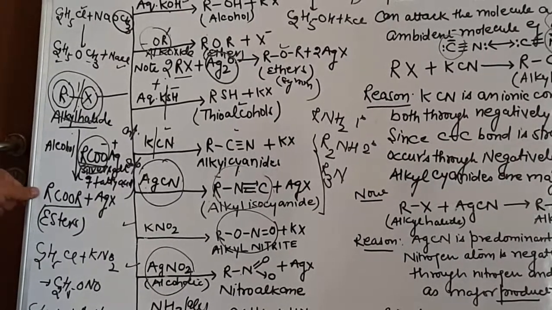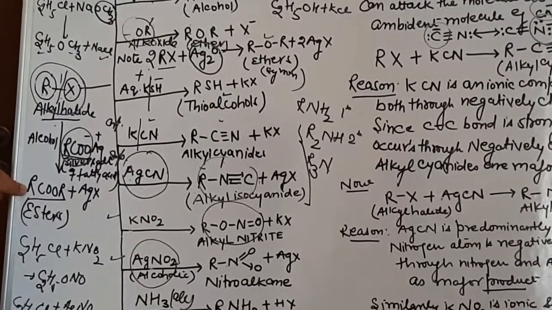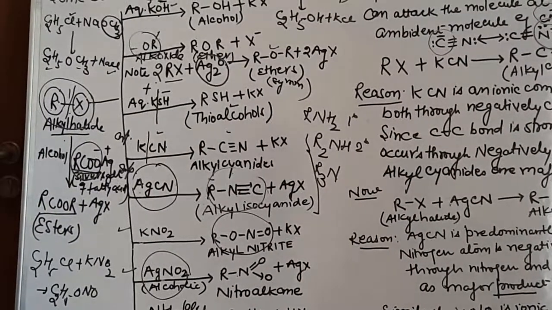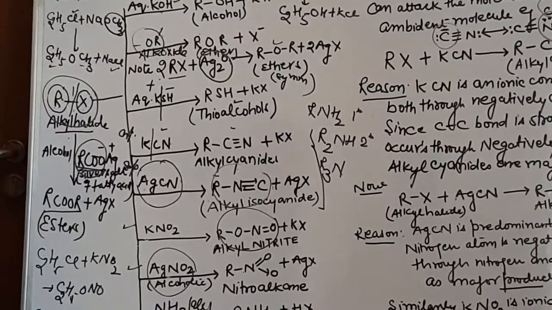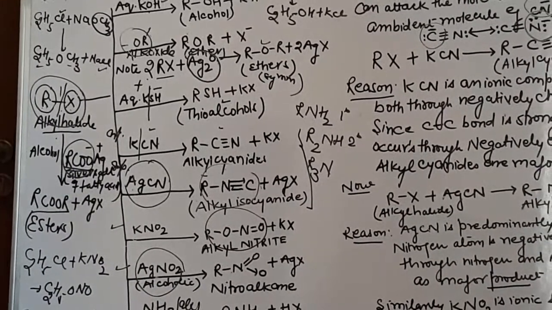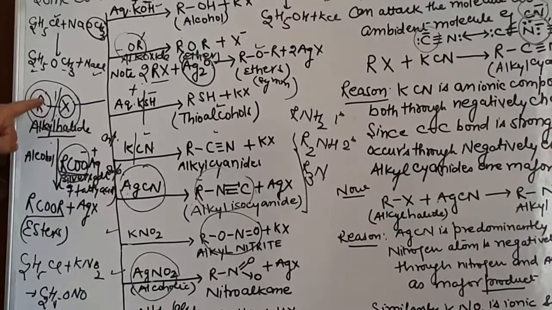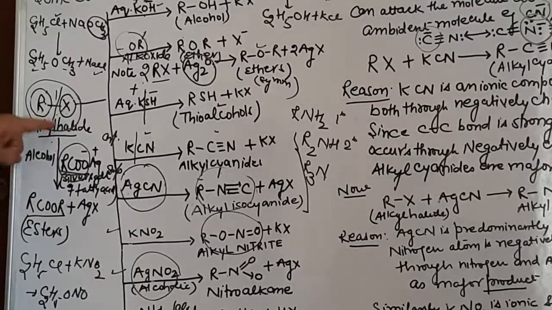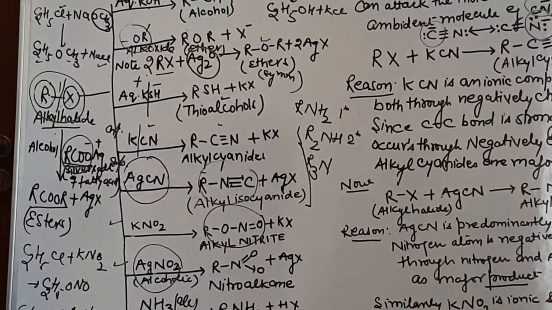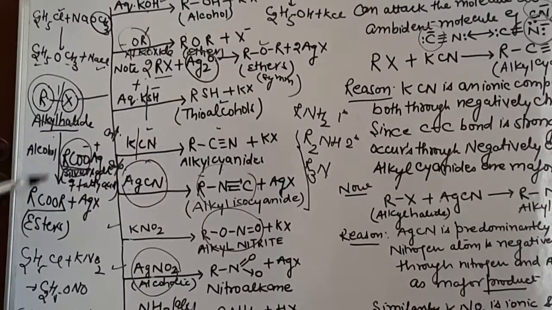So what will be the product obtained over here? It will be RCOOR. So it will result in the formation of an ester molecule, and silver halide will be given out over here. So alkyl halide can be converted into esters by reacting with the silver salt of a fatty acid.